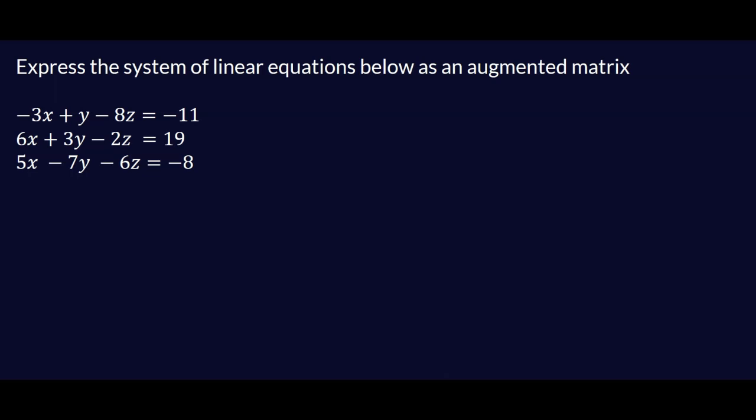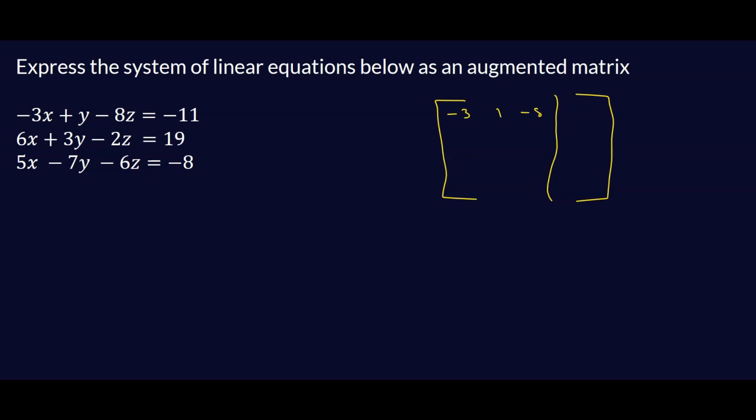I hope it's making more sense as we go through these examples. So now let's go ahead and write this system of linear equations as an augmented matrix. I'm going to draw my vertical line to represent the equal sign. You have to first make sure that the equations look the same. Remember that they must look the same. So you have x, y, z, and then the constant.